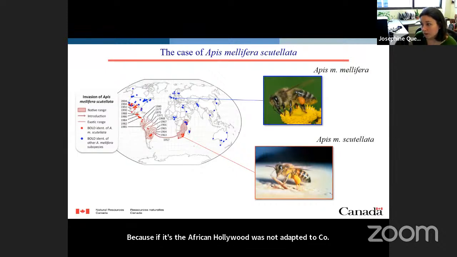But what they didn't think about, or what they eventually observed, is that the African honeybee was starting to hybridize with the European honeybee to create what is now known as the Africanized honeybee, which is a hybrid population that is adapted to cold weather, like the European honeybee, but is producing lower quantity of honey and is also aggressive. So this hybrid population is now considered also an invasive species, just like the African honeybee.